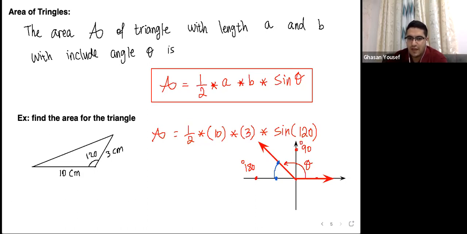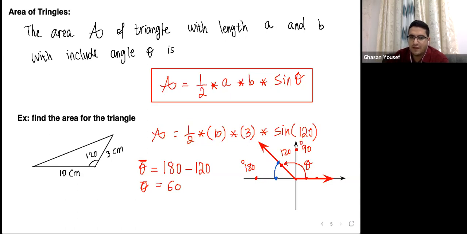How do you know? The angle from this point to this point is 120, and here we have 180. So the reference angle is 180 minus 120. And this is equal to what? 60 degrees. So my reference angle is 60.